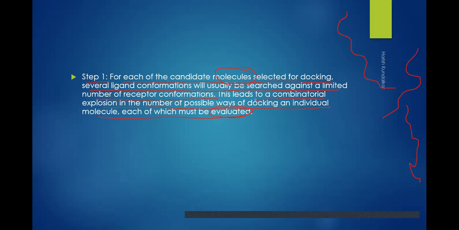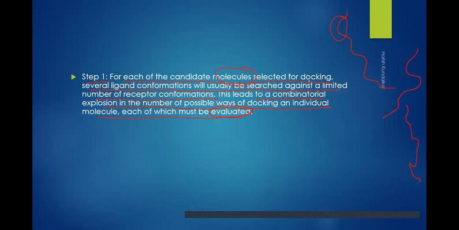Combinatorial chemistry is a similar kind of chemical reaction happening with many different starting materials, leading to generation of a large number of products at the same time. Similarly here also, we have one fixed receptor structure, which is conformationally flexible, but one particular conformation of the receptor is selected, and different conformations of the ligand are docked onto the active site of the protein.